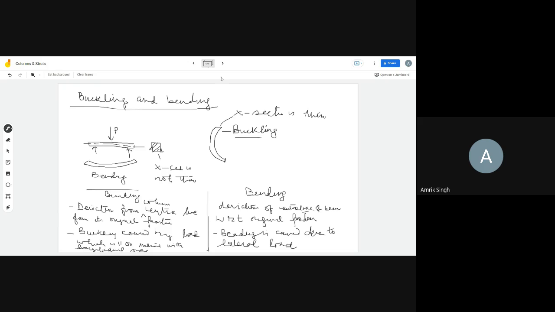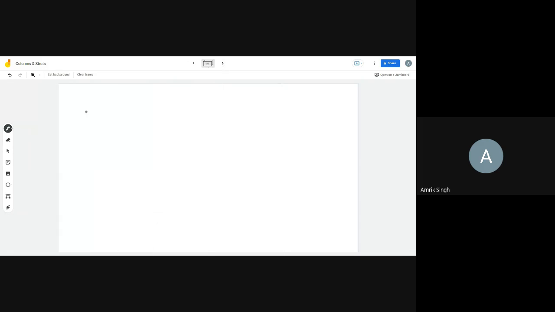So third point, which is very important, is that we use the higher moment of inertia of section.